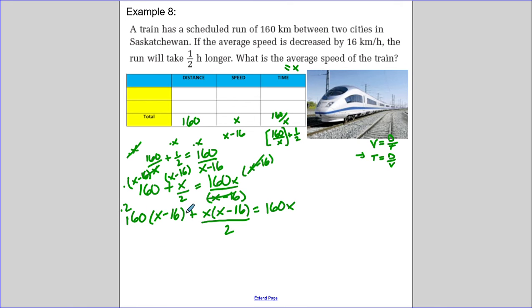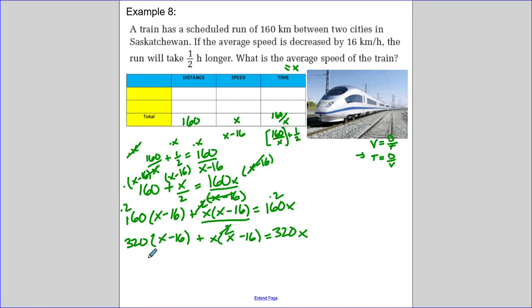Now my last step is to get rid of the 2 that's on the bottom here. So I'm going to multiply by 2 on each one. They're going to cancel, and then I'm going to have 320 times x minus 16 plus x times x minus 16 is equal to 320x.